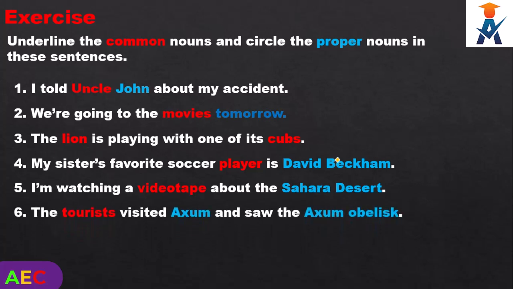The tourist visited Aksum and saw the Aksum obelisks. From this sentence, we have two proper nouns and one common noun. Tourist is a common noun; Aksum and Aksum obelisk are proper nouns.